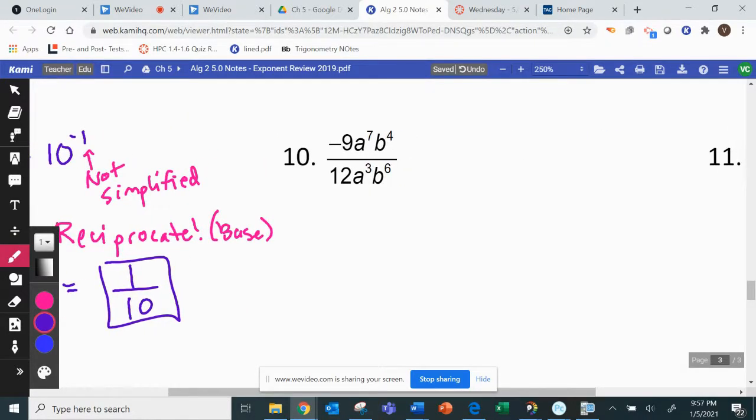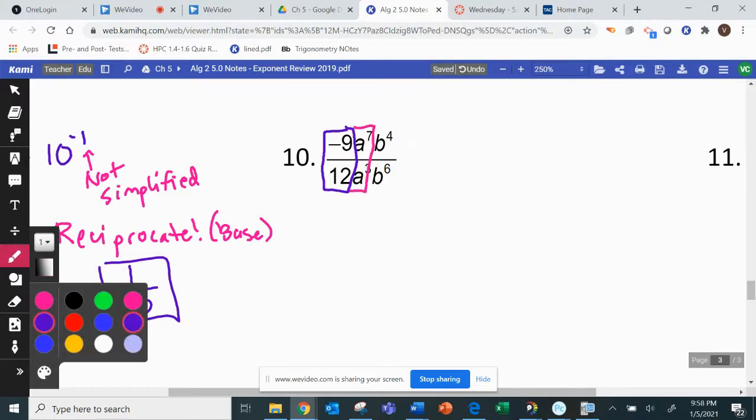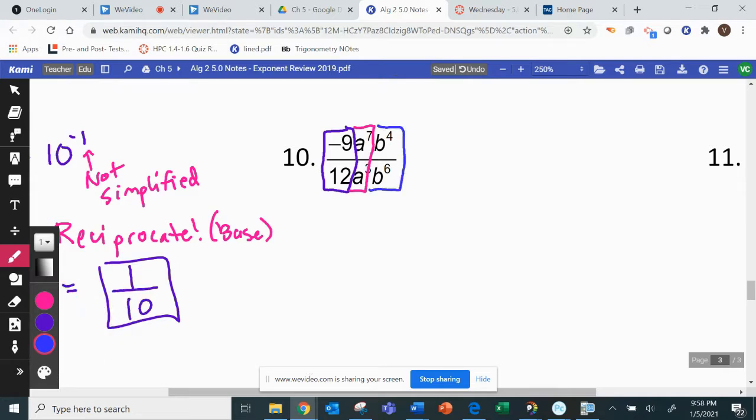Okay, for number 10, I'm going to look at reducing the fraction separate than the a's and separate again from the b's. So I'm going to separate each of these so that I don't get anything confused.